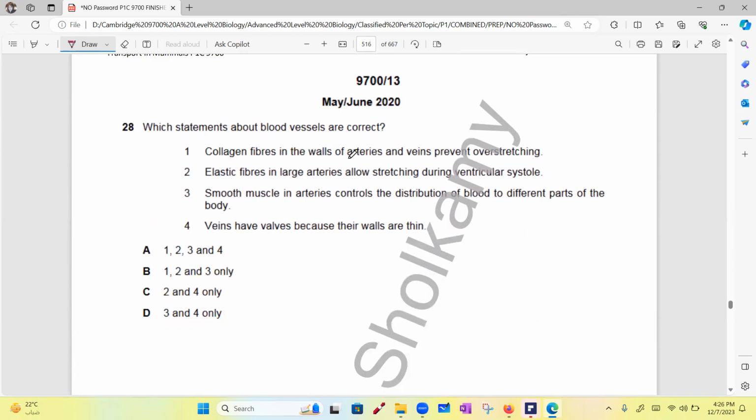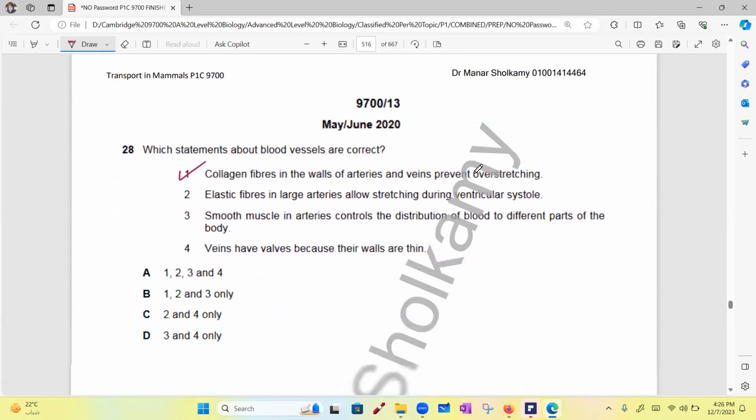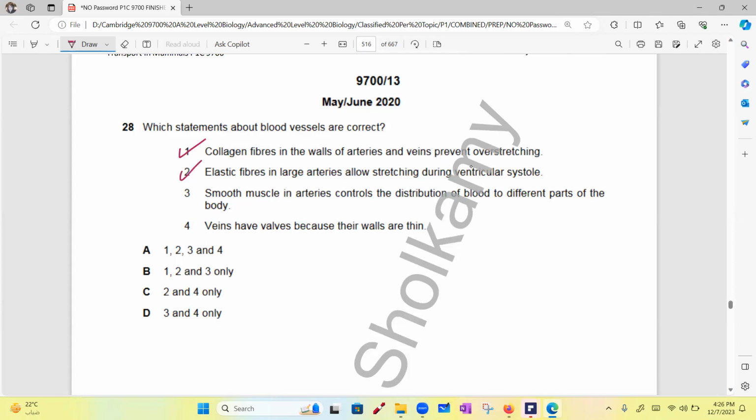Collagen fibers in the walls of arteries and veins prevent overstretching. Kenzie, what do you think? Right or wrong? Right. Yes, of course. Elastic fibers in large arteries allow stretching during ventricular systole. Farouk, right or wrong? Right. Smooth muscles in arteries control the distribution of blood to different parts of the body.